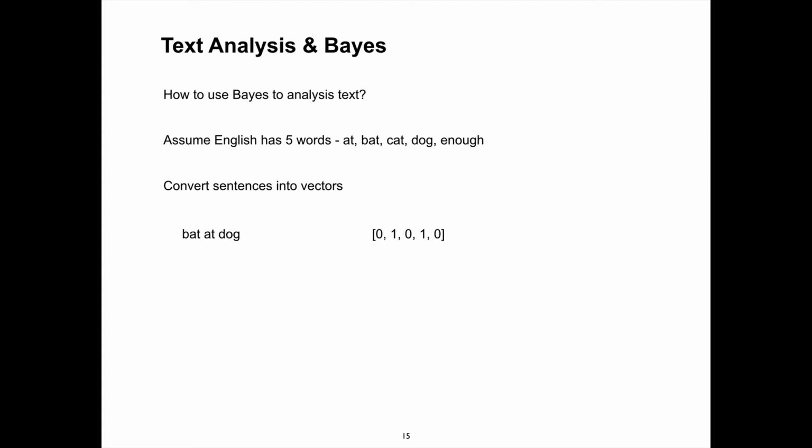So let's say I have the sentence, bad at dog. And what we do is we fix an order of our words, in this case, alphabetical. And then our vector is going to have 1 dimension for every possible word we have. And so the first element is going to say, if it's 0, it means that sentence did not have the word.